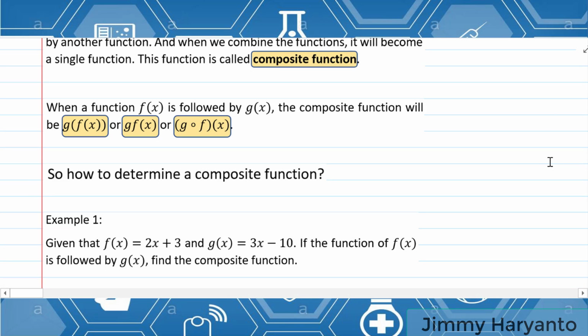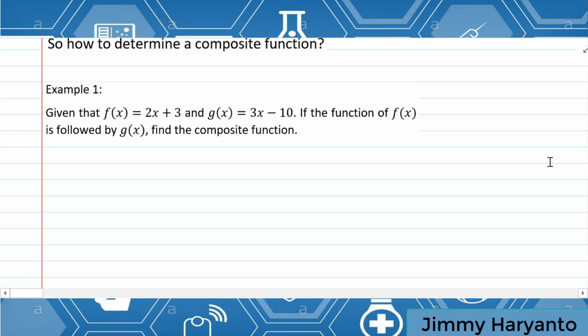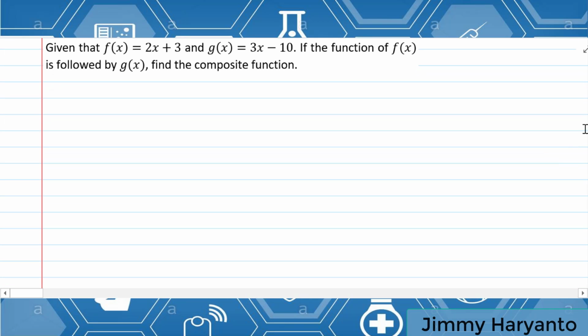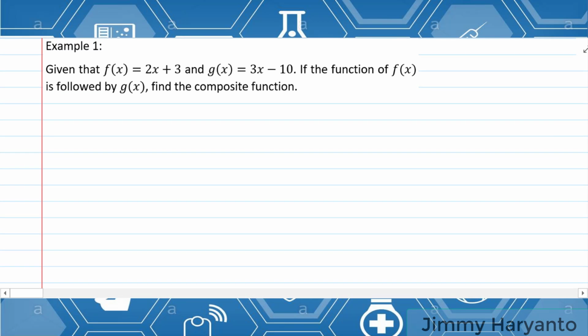Example 1. Given that f(x) equals 2x plus 3 and g(x) equals 3x minus 10. If the function f(x) is followed by g(x), find the composite function. So f(x) first and then the second one is g(x). We take a look at f(x) equals 2x plus 3.